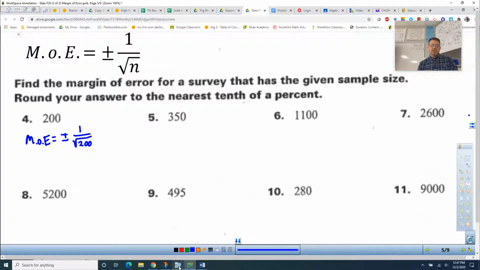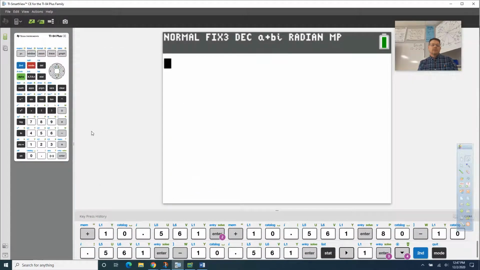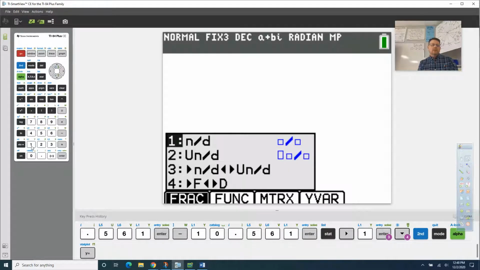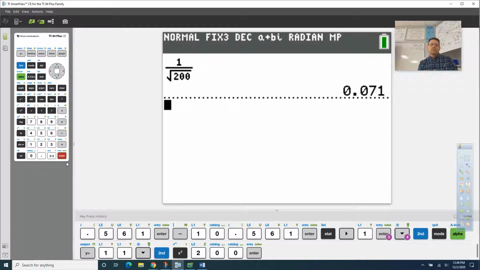Well, let's jump over here to my calculator. We're going to get my fraction going up, and it's 1 over the square root of 200. Okay, and I get 0.071.